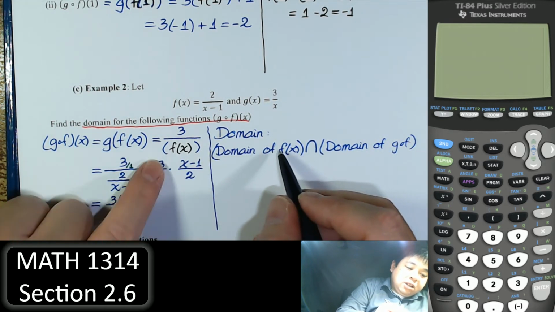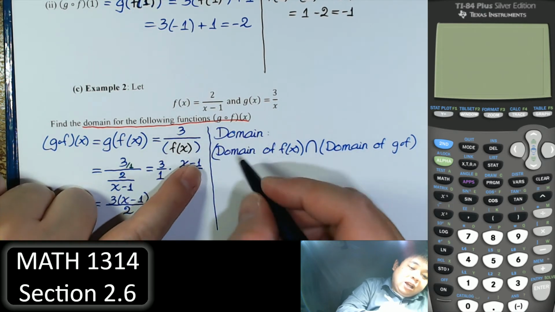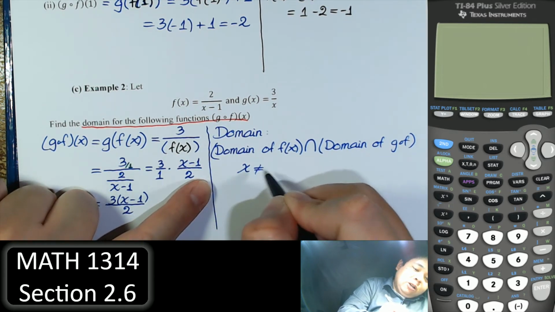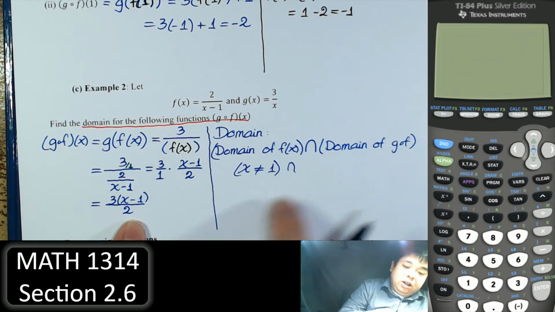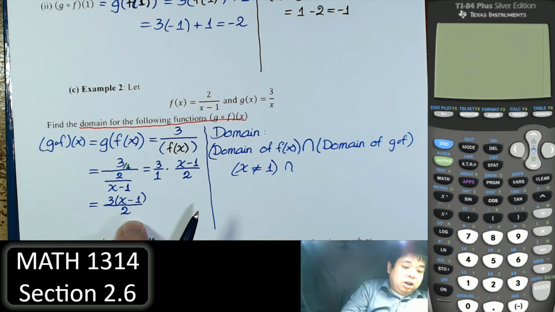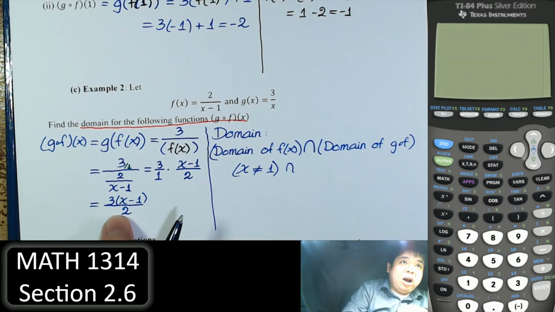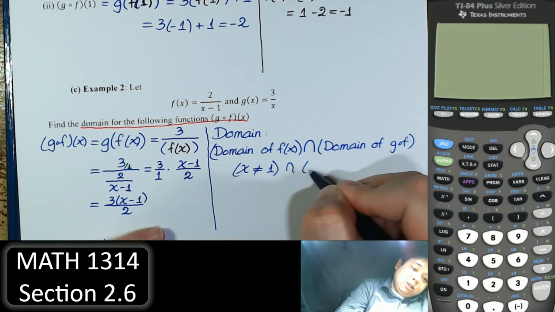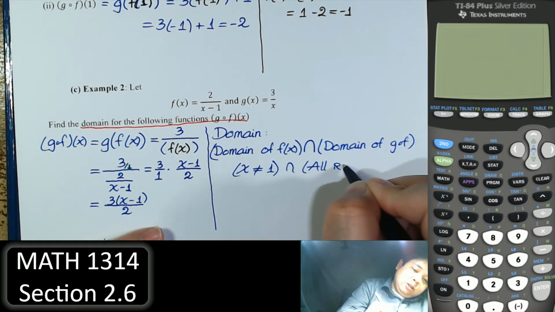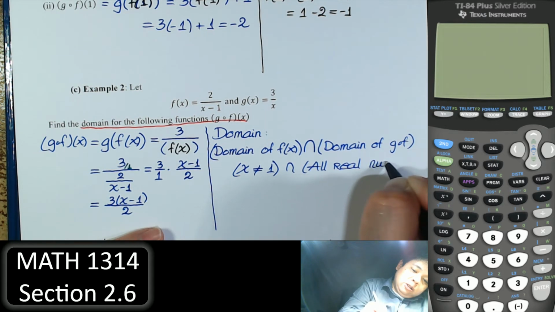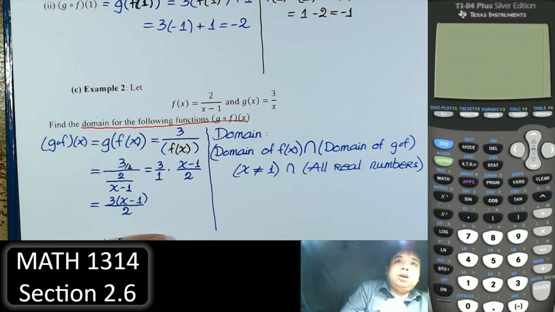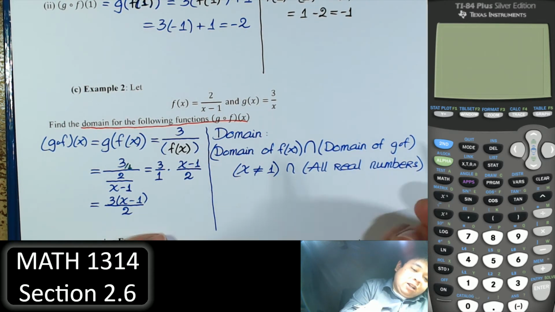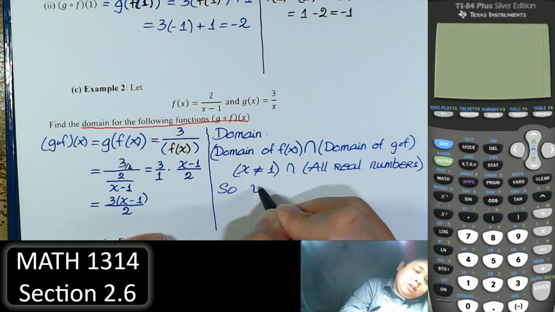Domain of f of x is x not equal to 1. And then the domain of g of f of x, we do not divide by any x. We have no x at the bottom, so which is good. So the domain of that is all real numbers. So put them together, we just have x not equal to 1.